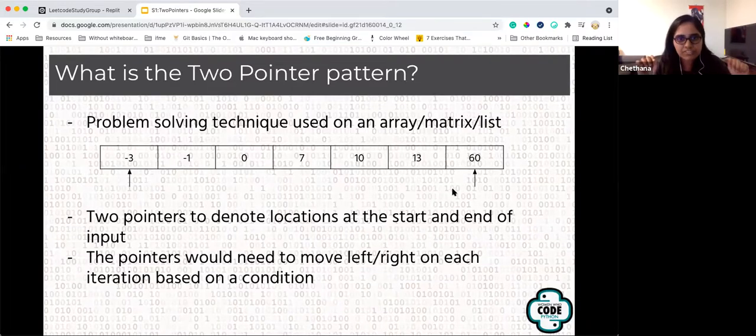So we have two pointers, and these would be at the start and end of the input. We will do some kind of comparisons of the elements at those two pointers, so that we can progress the pointers either left or right. Basically, that's the pattern in all of its simplicity.